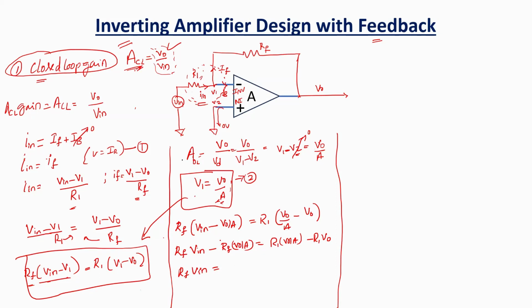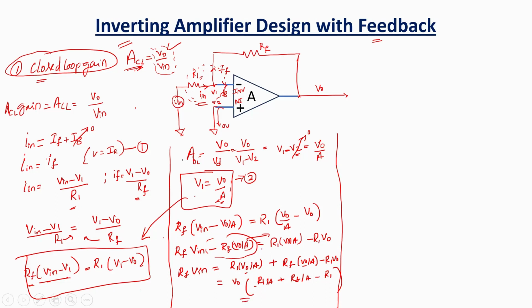If you push this to the right hand side, it is R1 V0 by A plus RF V0 by A minus R1 V0. Can I take the V0 common here? V0 is common everywhere. V0 times (R1 by A plus RF by A minus R1).